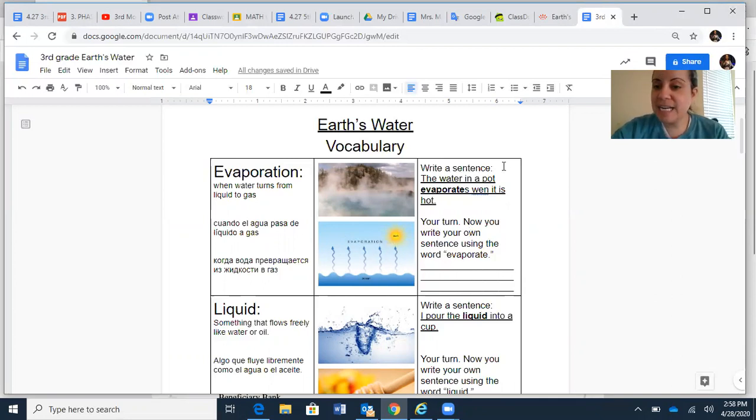Then I created a sentence. It says, write a sentence. My sentence is, the water in a pot evaporates when it is hot. Oops, spelled when wrong. There we go. When it is hot. Now it's your turn. Now you write your own sentence using the word evaporate.